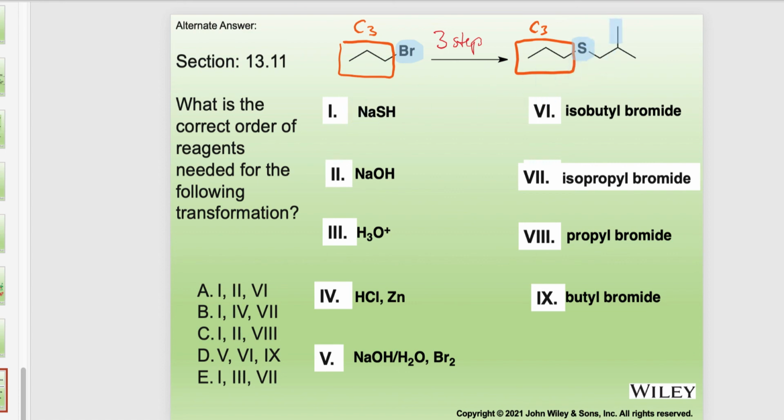And then we see that there's another component, the propyl group. So it looks like 3 pieces, and we do have 3 steps. So that's what you need to be aware of. All right. Look at your reagents, look at the conditions, how can you achieve it? And I'm giving you a heads up, if we do this as multiple choice here, it is a 3-step procedure.